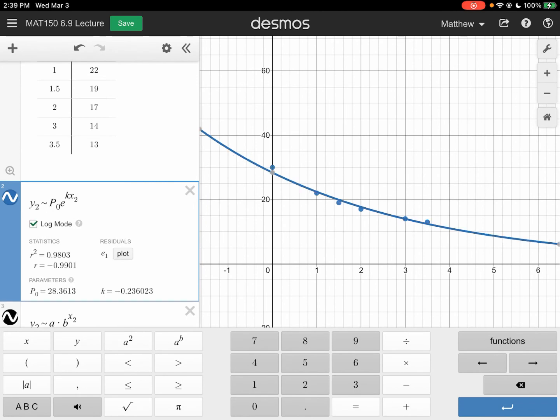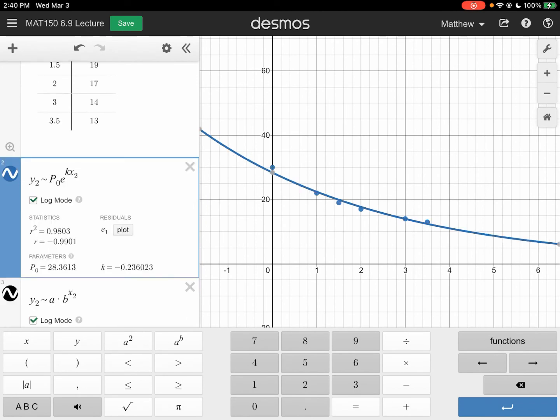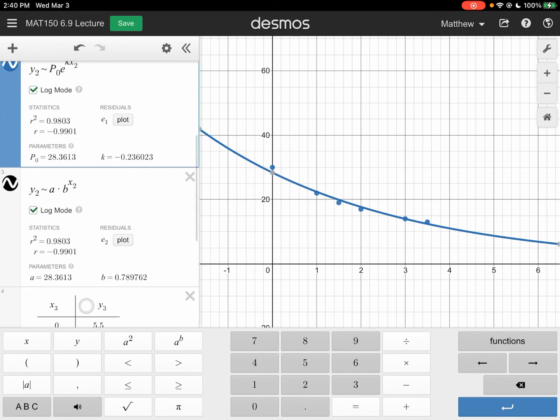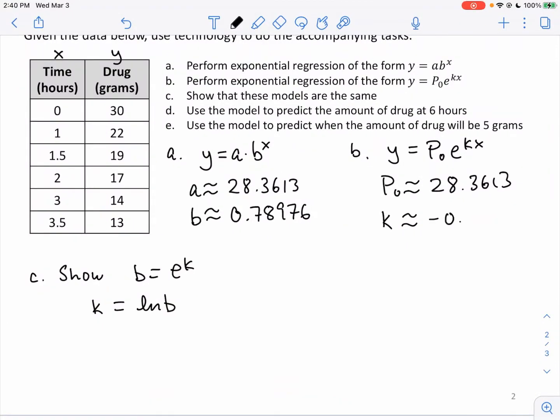And then make sure you click log mode. So this gives us the same P naught that we had, that A was. Notice they're the same, P naught and A. And it gives us a k of negative 0.236. So there's our model using a different form for the exponential regression.